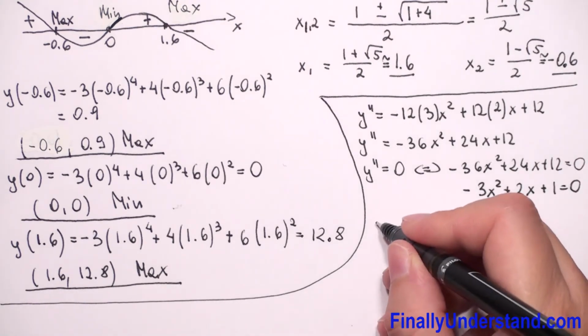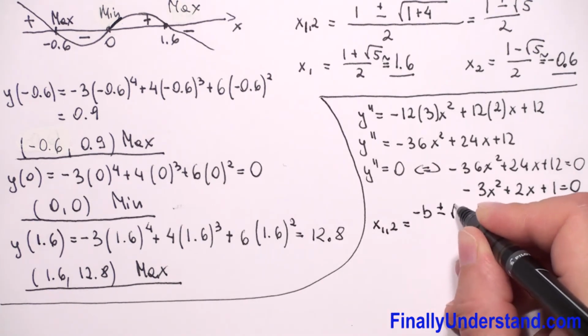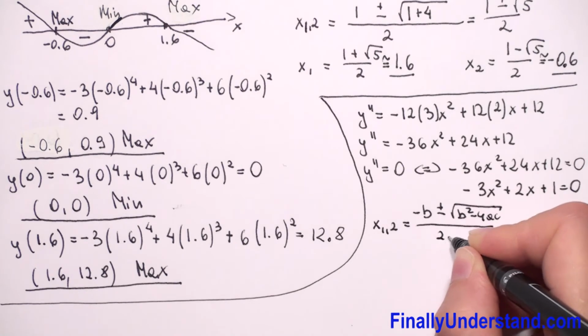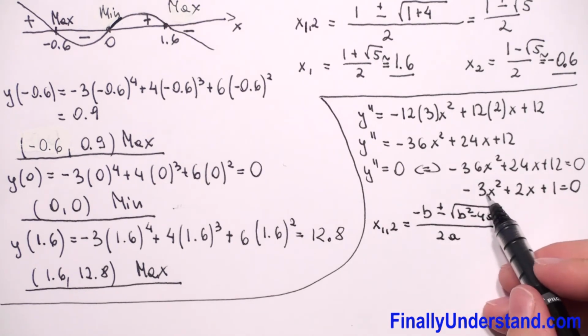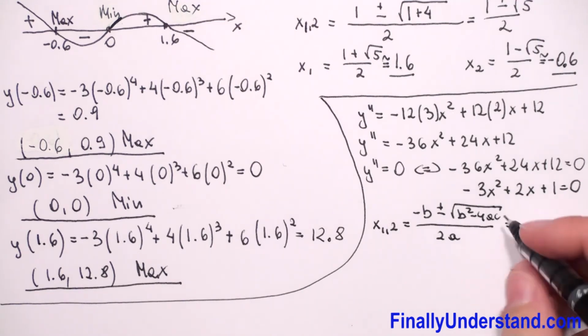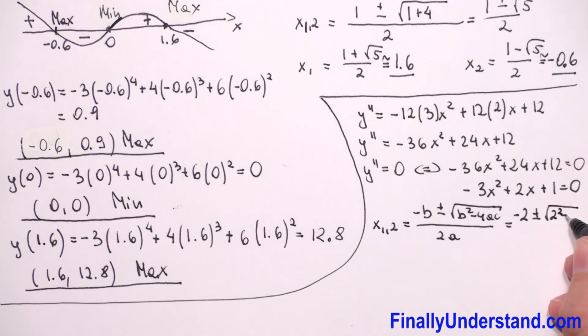So again we use the formula x1,2 is equal to minus b plus minus square root of b squared minus 4ac over 2a. a is the coefficient before x squared, b is the coefficient before x, and c is our constant. So we have minus 2 plus minus square root of 2 to second power minus 4 times negative 3 times 1, over 2 times negative 3.